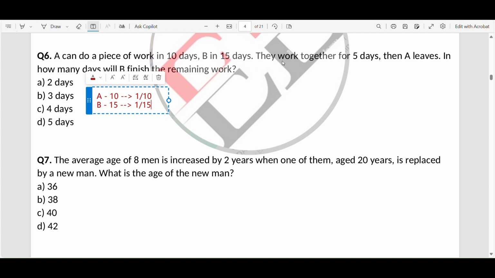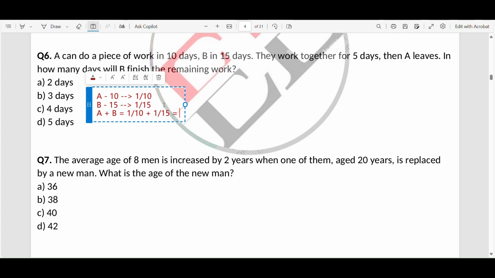So, they work together for 5 days. That means, when A and B together are doing a work, then it will be 1 by 10 plus 1 by 15, because together is nothing but adding both the works.